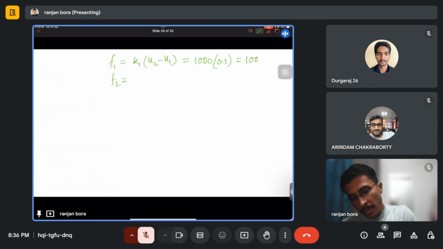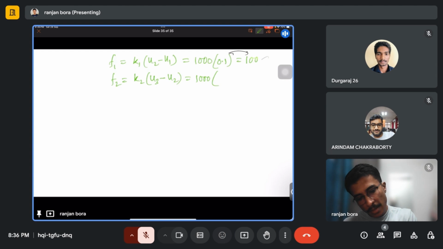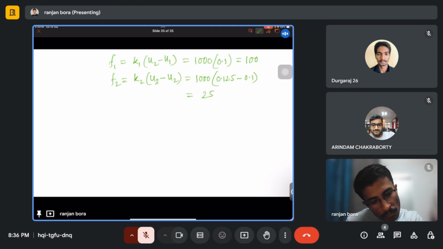The force in the second spring will be K2 times U3 minus U2. It is again 1000, U3 is 0.125 minus 0.1, so it will be 0.025, that is 25 Newton.